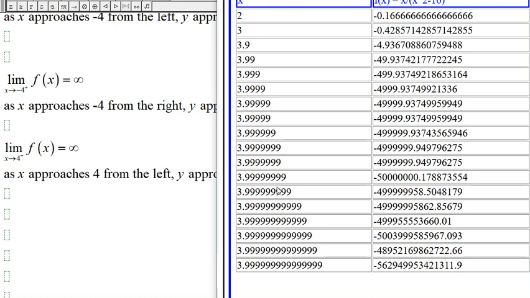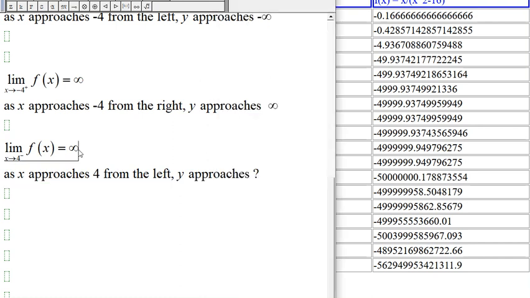So these values are to the left of 4. This is 3 point with this many nines. So it's a number very close to 4, but to the left of 4. And the corresponding y values are getting larger and larger, but in the negative direction. So that tells us that this is going to negative infinity.